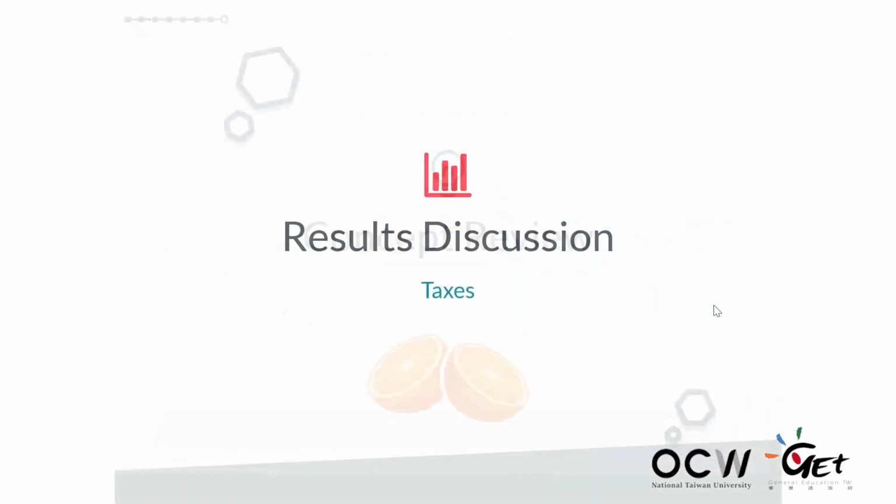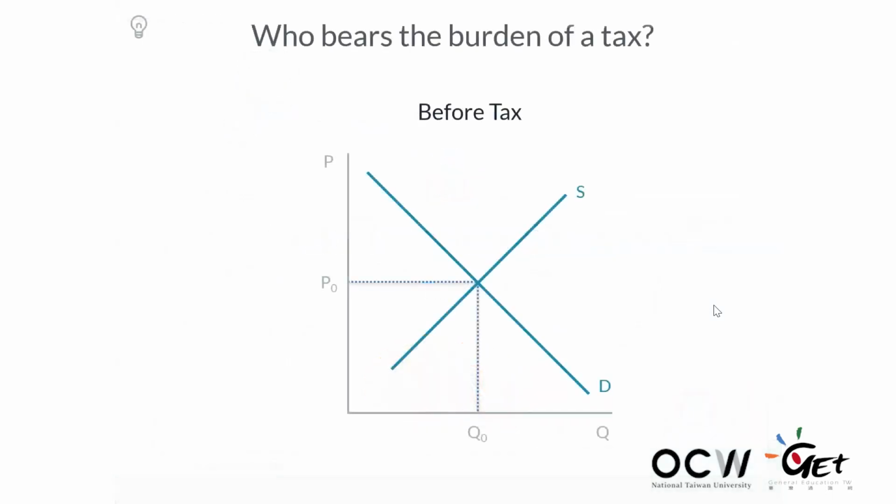So the interesting thing, let's now start to discuss this. Before tax, we have the P0, Q0, that's the equilibrium. But with the tax, if you tax the seller, you're shifting the supply curve to the left or shifting it up.